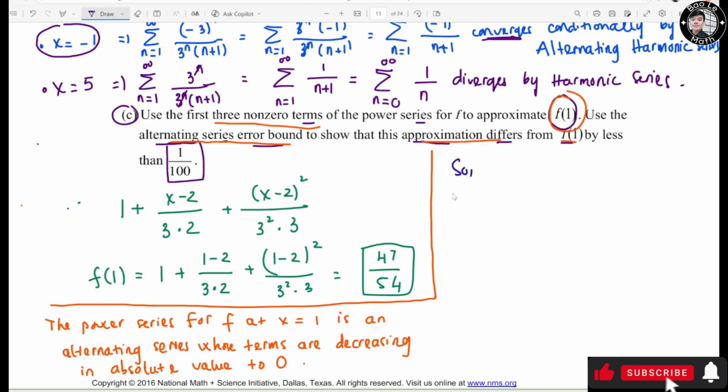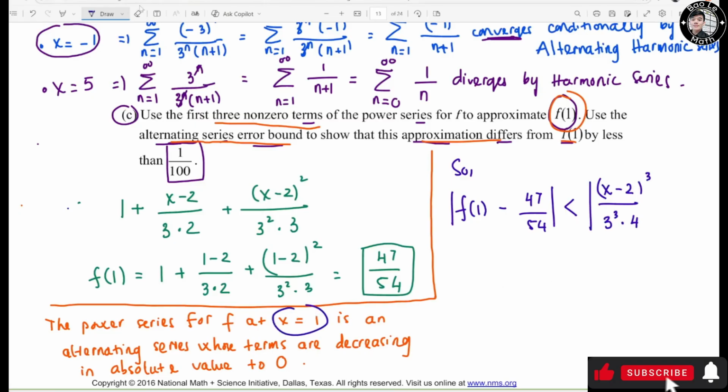So the absolute value of f of 1 minus 47 over 54 is less than the value of the 4th term, but s equals 1 right here, so I can remove s and put 1 there. That gives 1 over 108, and this is less than 1 over 100.